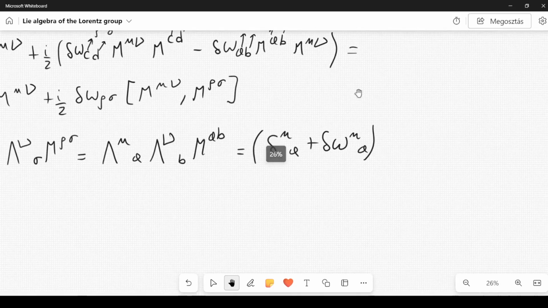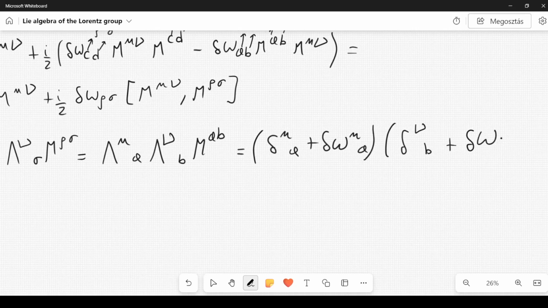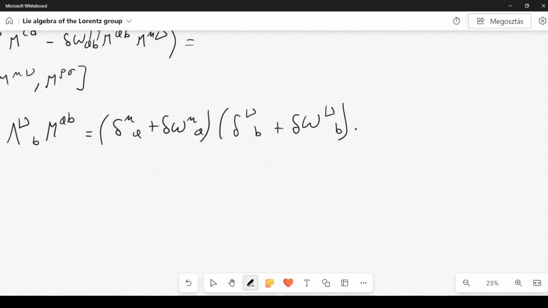And then here we have delta nu B plus the change delta omega nu B times M AB, like this.